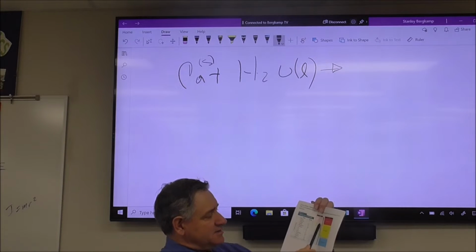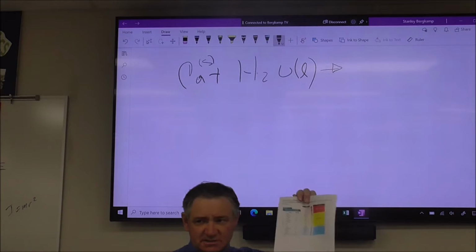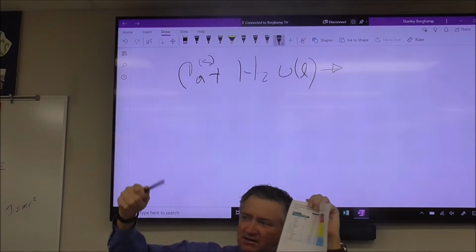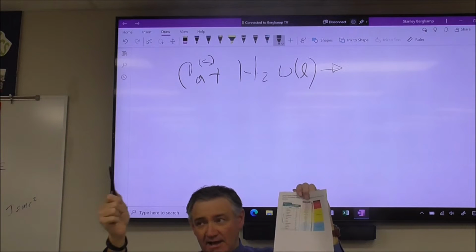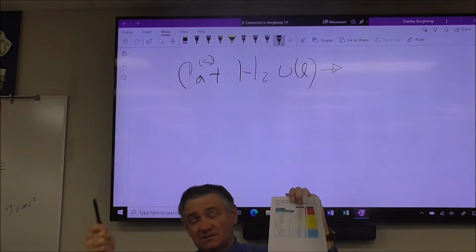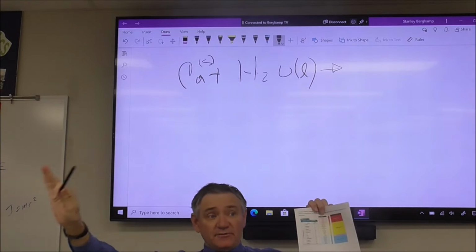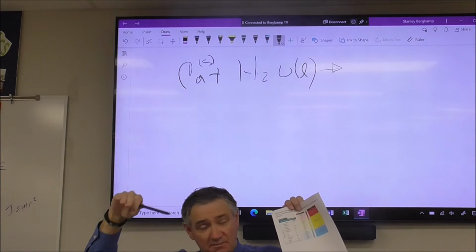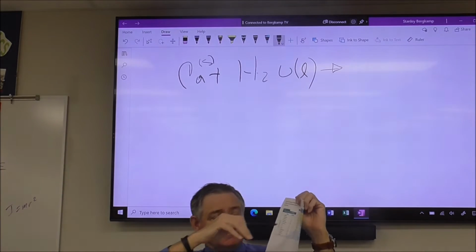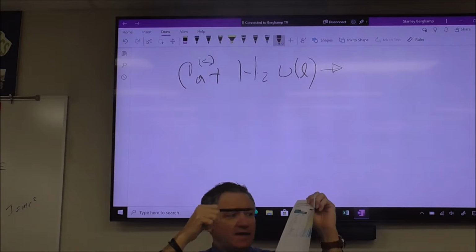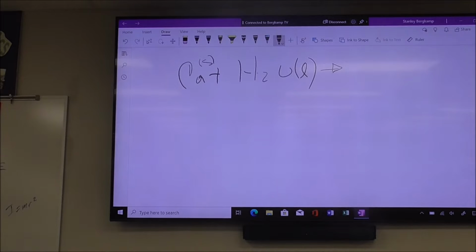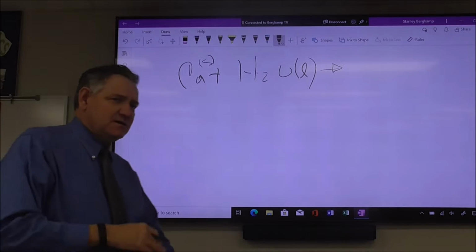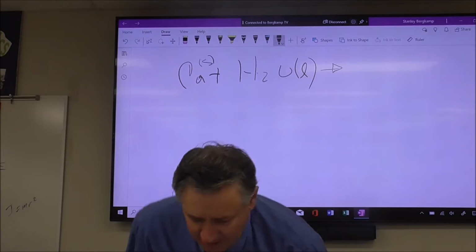Up here is calcium. Hydrogen's down here. Calcium is the elemental form, not the ion form. This is the metal form. Calcium is more reactive than hydrogen. So you've got to realize, oh, calcium is more reactive. It's going to kick that out.